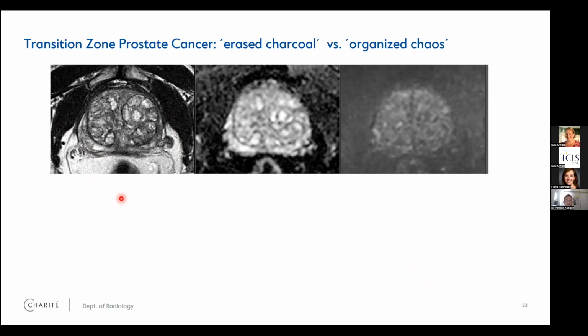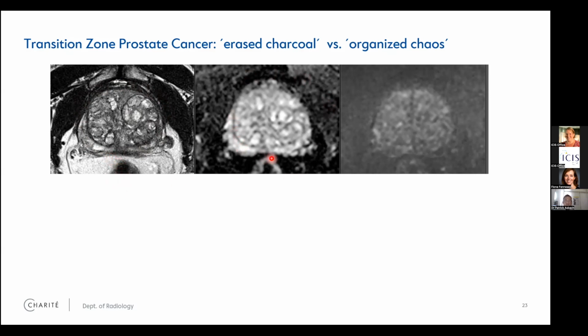We call it organized chaos, where we see multiple nodules which are round to ovoid. They have a T2 low signal intensity rim and a heterogeneous signal quality on T2 with some areas of bright signal and some areas of dark signal. So this is what we call organized chaos, which is typical for normal BPH findings.